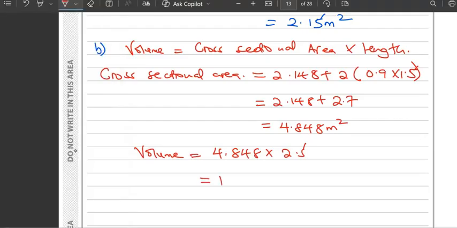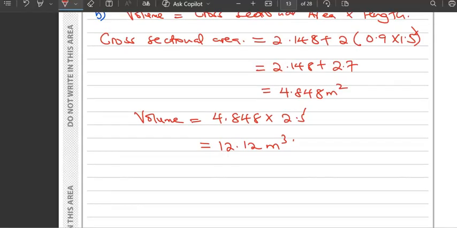So this one will be equals to 12.12 cubic meters. And since you're supposed to express your answer to 3 significant figures, then this one is the same as 12.1 cubic meters. And this becomes the solution for B. That is the volume.